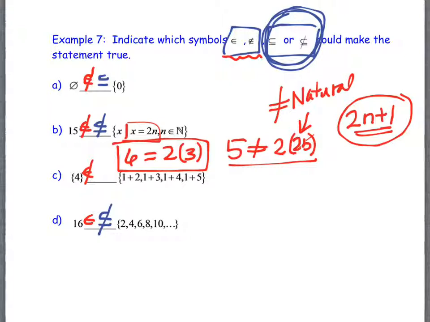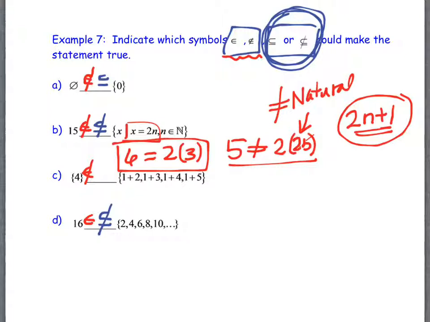How about part C? Part C says I've got the set with the number 4, and then I've got this set with the numbers 1 plus 2, 1 plus 3, 1 plus 4, 1 plus 5. Maybe it would help us to rewrite the right-hand set in a simpler way.